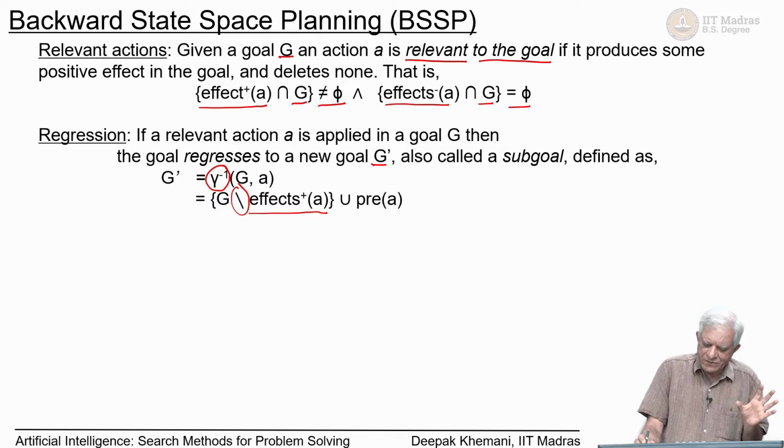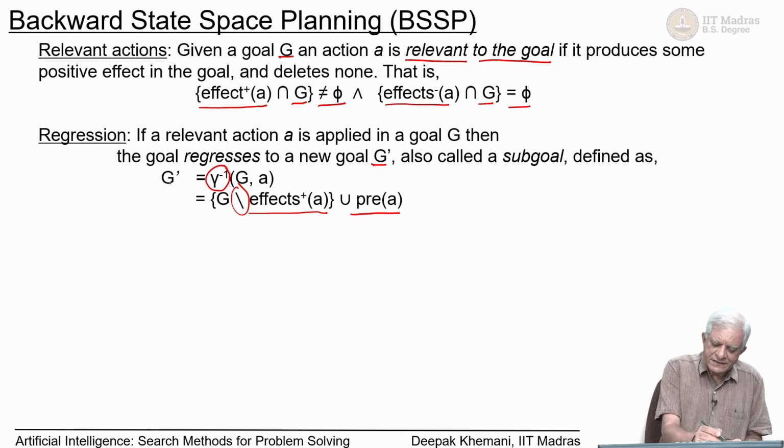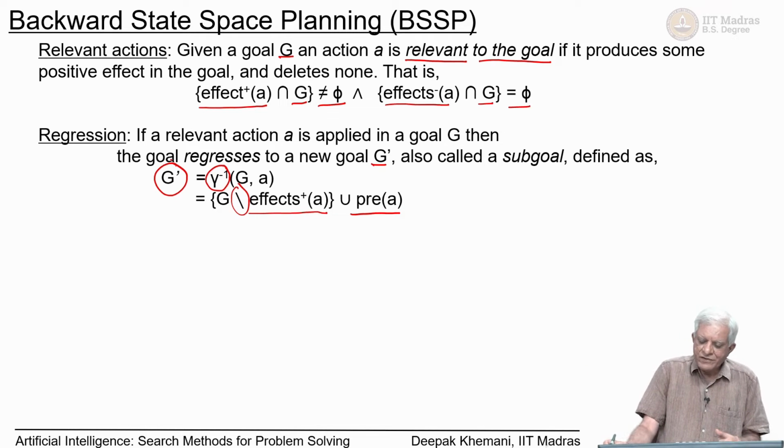So, we delete that from there, but for that action to be applicable in the previous state, its preconditions must be true in the previous state. So, in the sub goal, remember that this is the sub goal G prime that we are trying to compute, we must add the preconditions of A. We delete whatever that action A is going to achieve anyway for us, but for that action A to be applicable, its preconditions must be true.